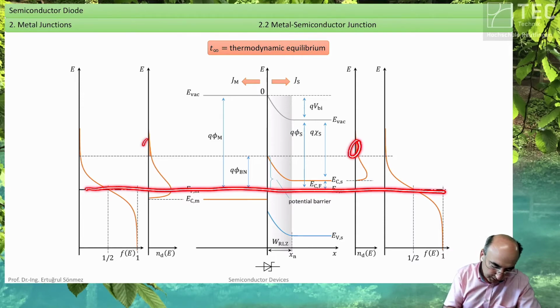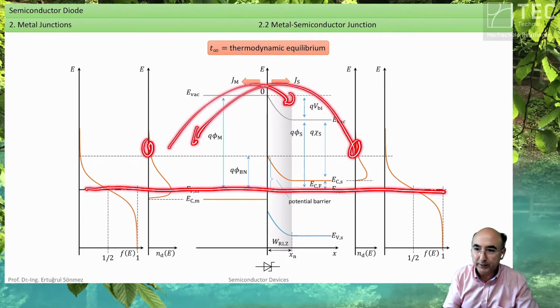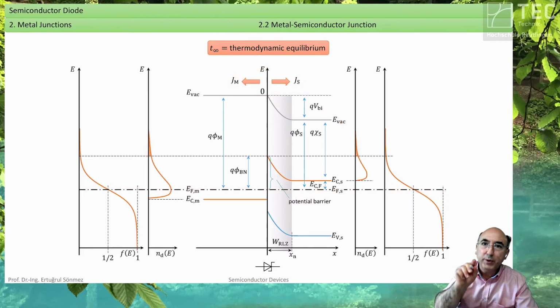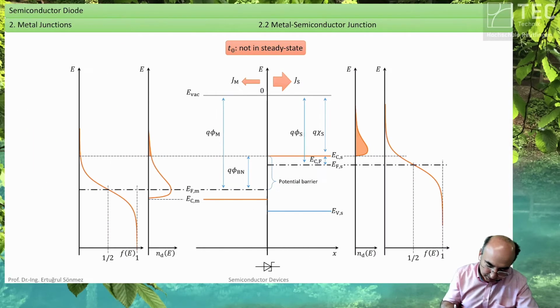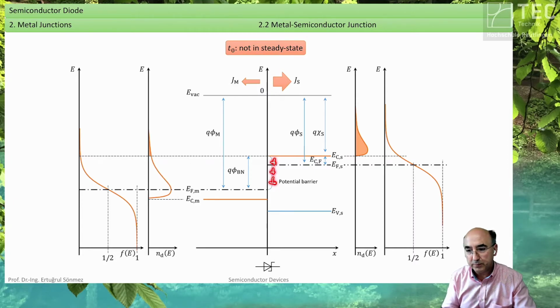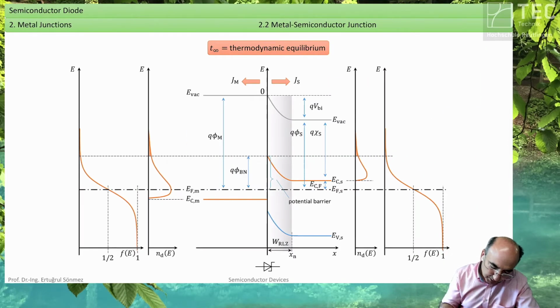The amount of electrons on both sides which are available for injection from left to right and right to left are equal. Now we have this new equilibrium, and due to this movement of these electrons to here, space charges are left over, like in the p-n junction. And these space charges build up the space charge region.